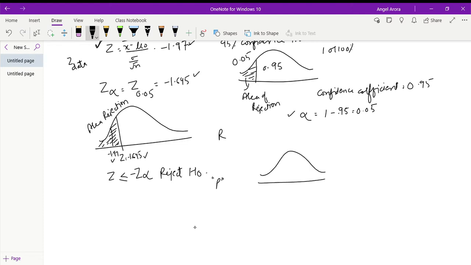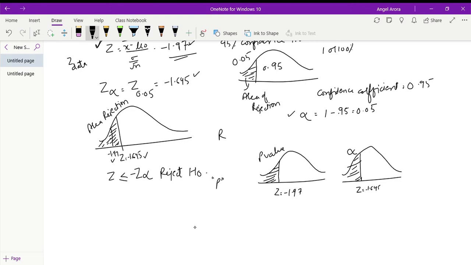For example, if I take z as minus 1.97 as per our example, this area will be the p-value. z alpha is z 0.05 and its value was minus 1.645. This area is alpha and this area is the p-value.